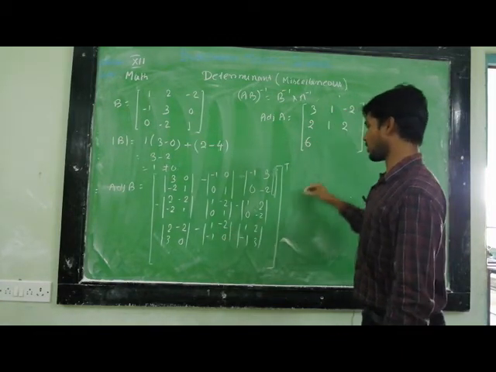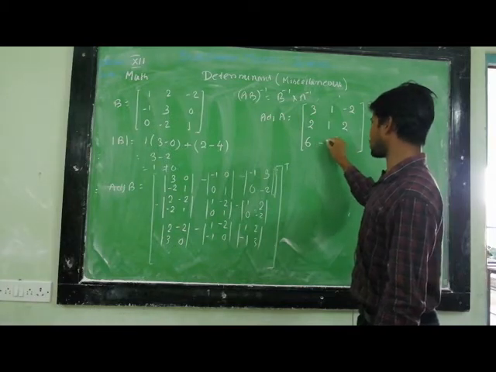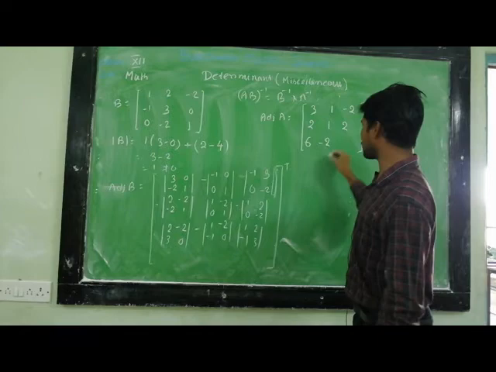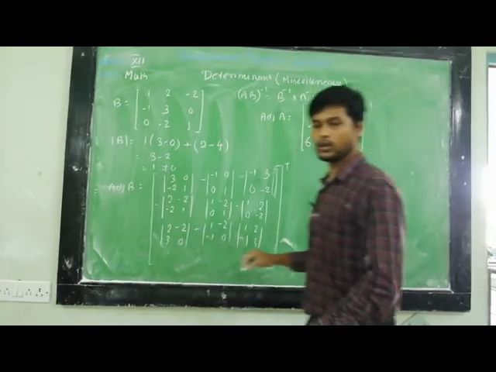The last is minus 2, and this is 3 plus 2, that is 5, and whole transpose.